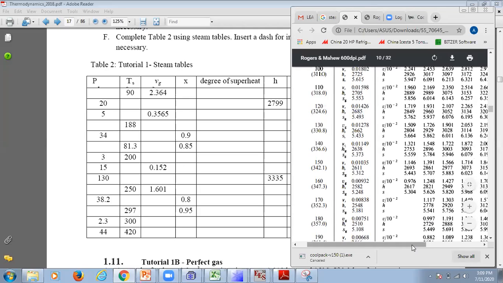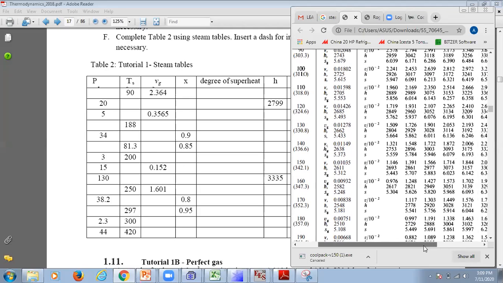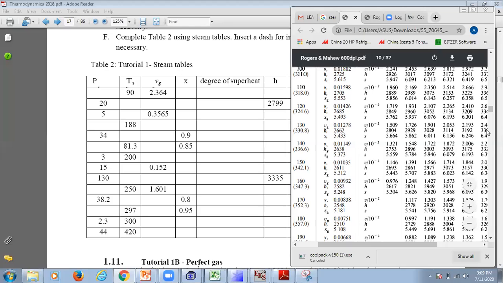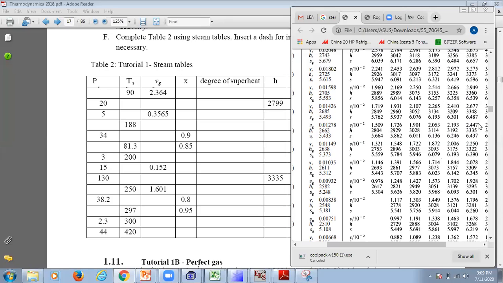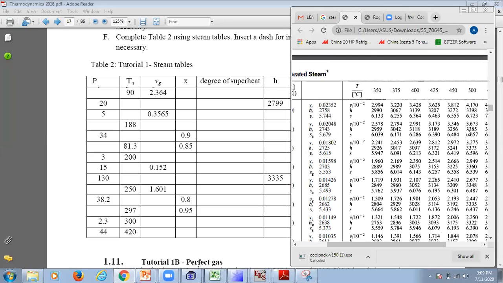See, somewhere here, 3335. So you can get the values: your entropy, your Vg value. You can fill all. Your temperature, go up. Temperature is 500.